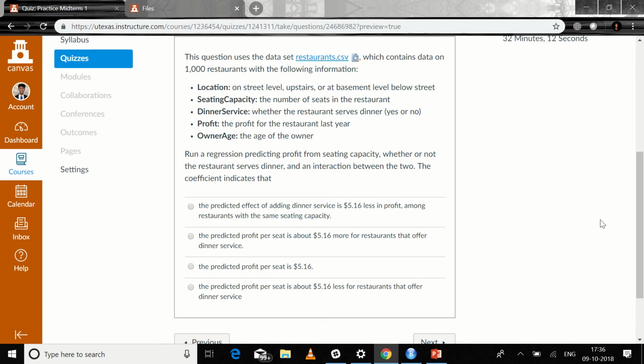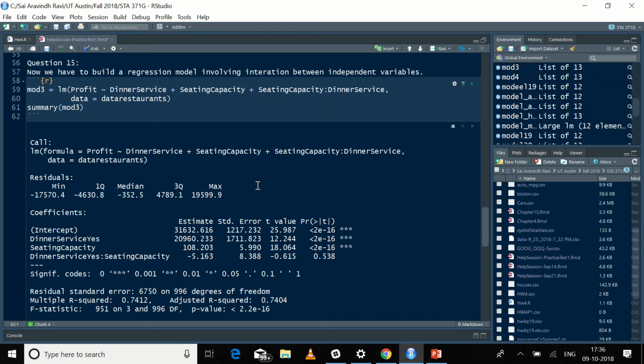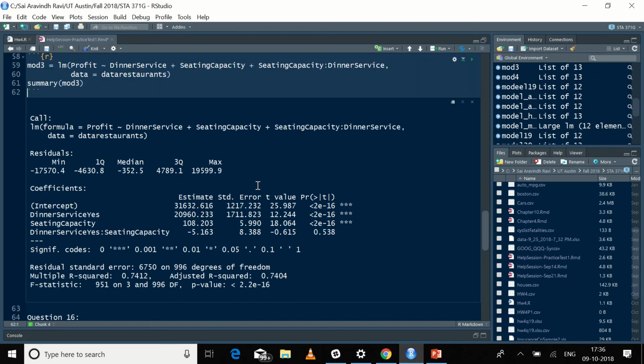Why? It need not be the same seating capacity. Whereas what the interaction term indicates here is that, so this regression equation can be written as what?